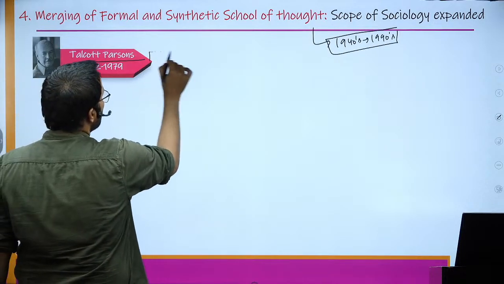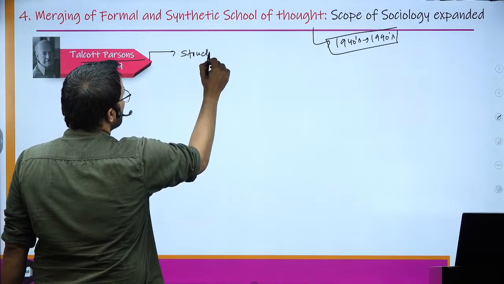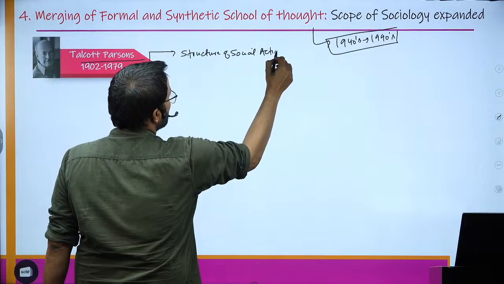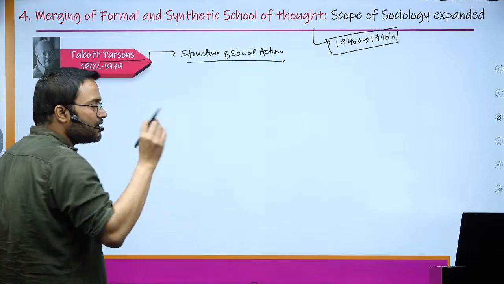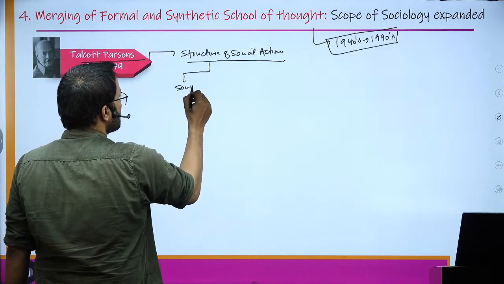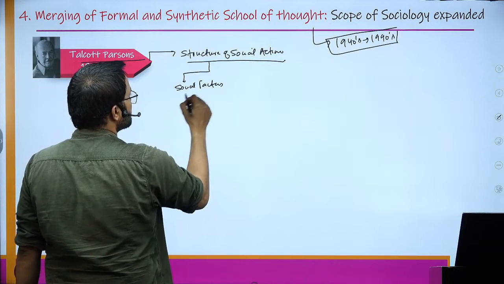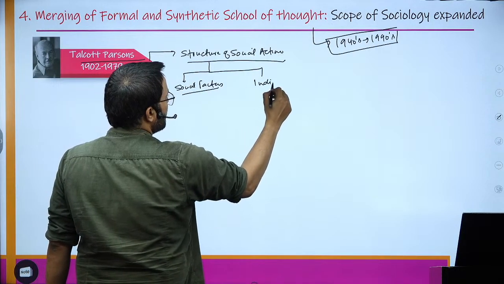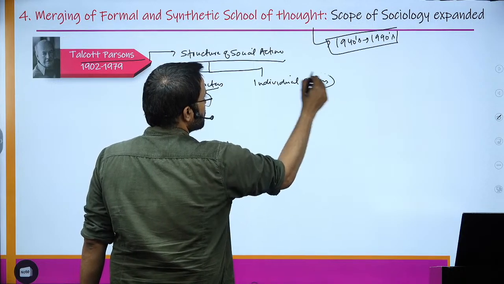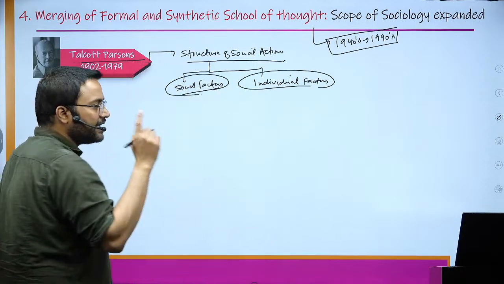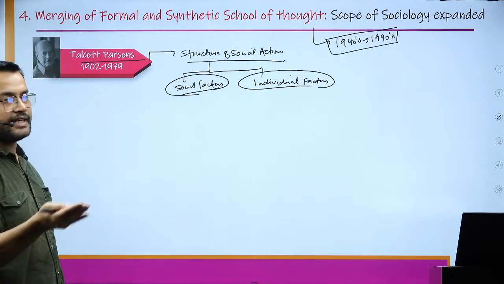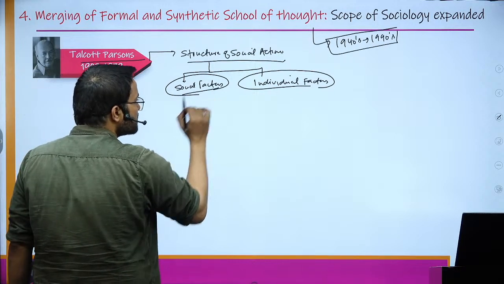So he was talking about the structure of social action, where he was trying to combine both social factors and individual factors. So he was trying to merge both, that individual behavior is driven by not only societal factors but also the individual psyche.